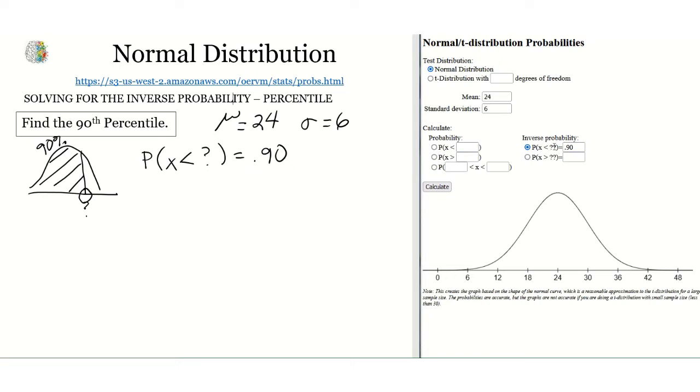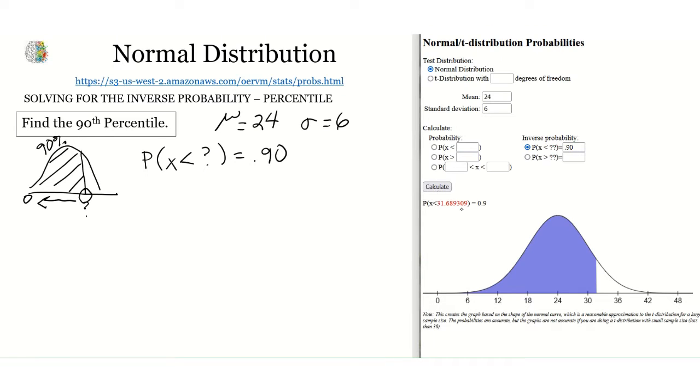We've got it marked for normal distribution, with our mean of 24 and standard deviation of 6 typed in. We're going to use our inverse probability where we're looking for the X value that is going to give me the 90th percentile. So that X value and less is going to give me my 90th percentile. I'm going to calculate, and we see that it's giving me an answer of 31.6893.